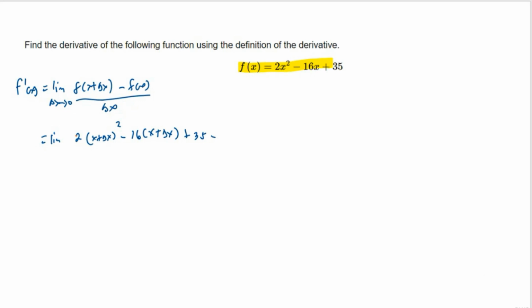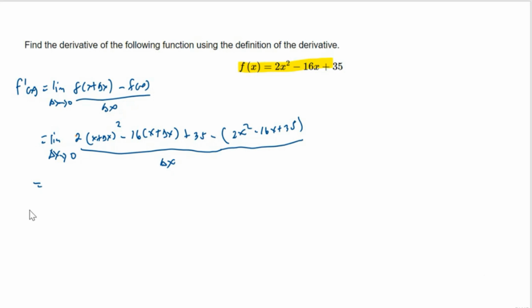Do not forget to write the open parentheses here, all over delta x as delta x approaches 0.